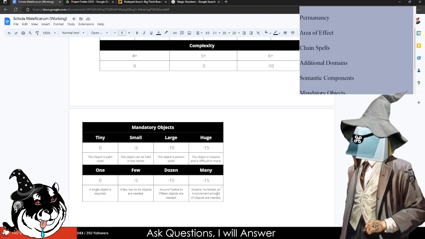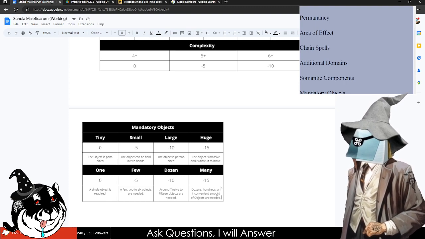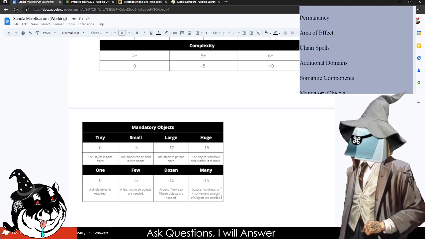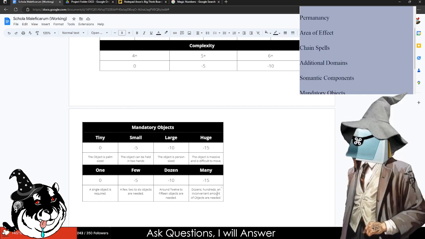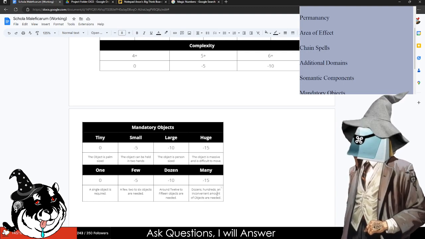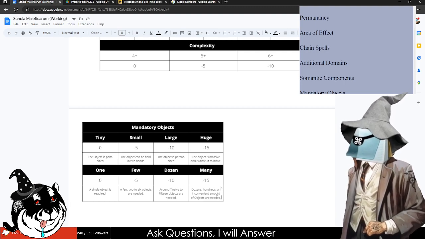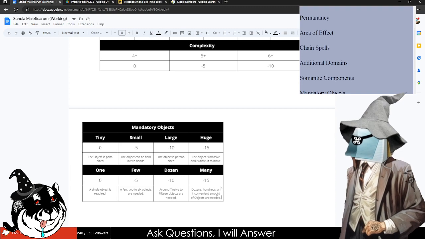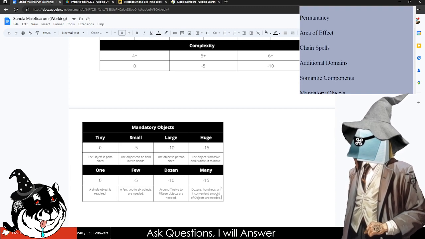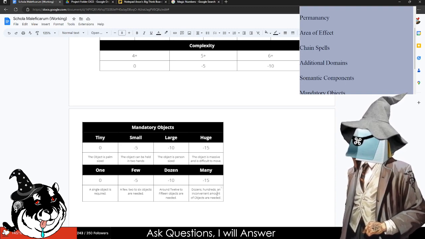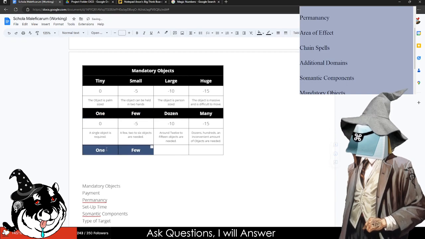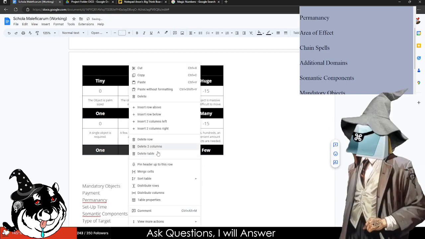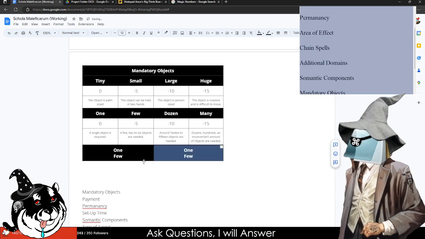I need like 3 eggs to do this well. You need a dozen eggs to do it. That's just kind of inconvenient. You need like 30 eggs to do this. What do you mean 30 eggs? That's a very inconvenient amount. I think that's kind of the idea of many. You need many objects to do this thing. What we do is merge these together.